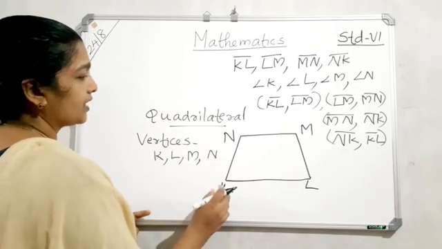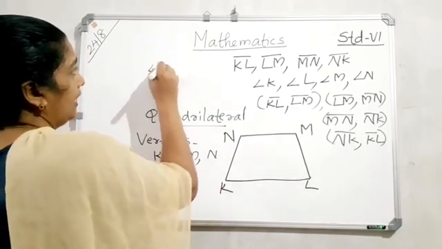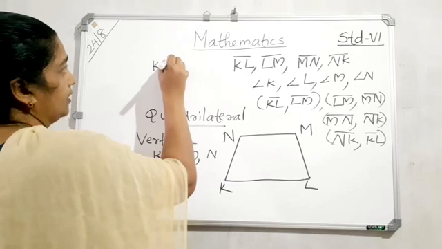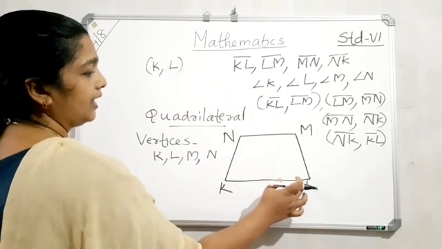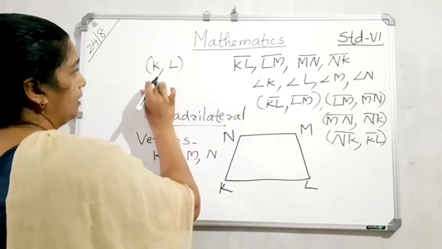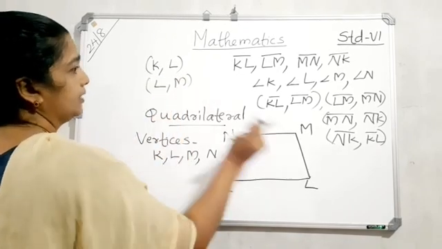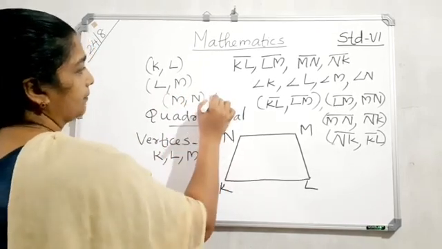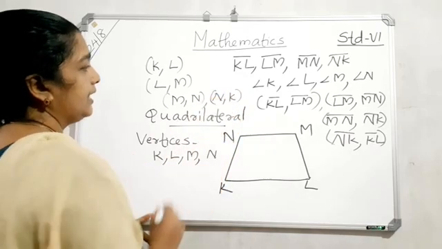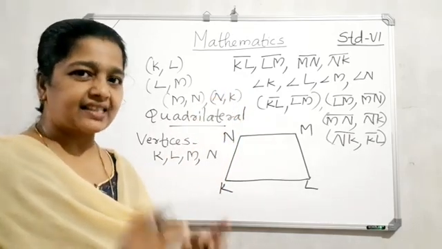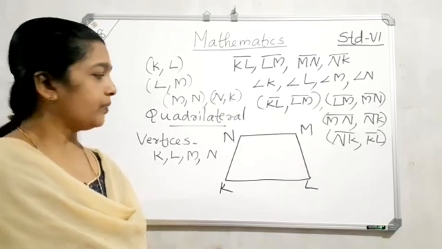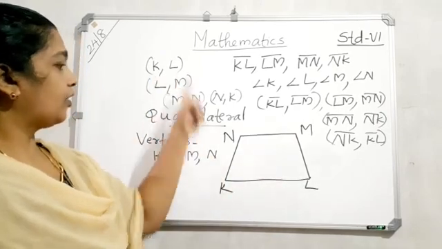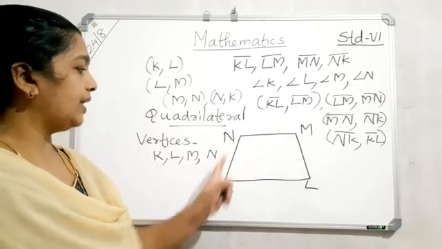K and L, then L and M, then M and N, and N and K. These are known as adjacent vertices. Adjacent means near.